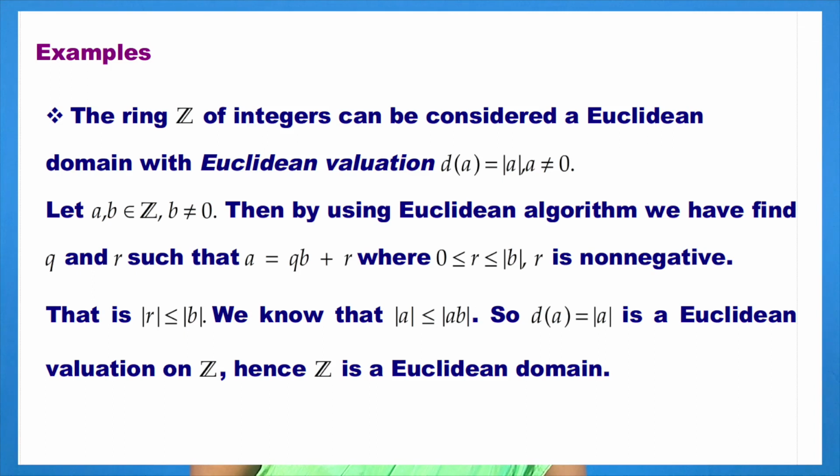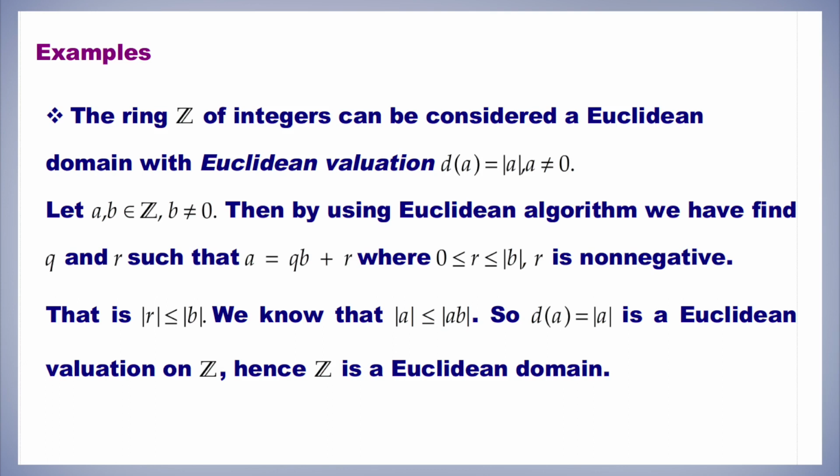Some examples: the ring Z of integers can be considered a Euclidean domain with Euclidean valuation d(a) equals |a|, where a is not equal to 0. Let a, b belong to Z and b not equal to 0.